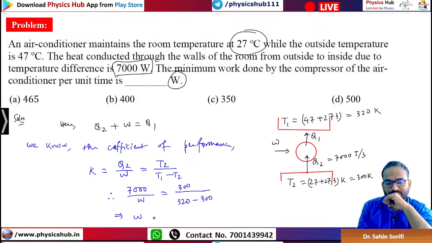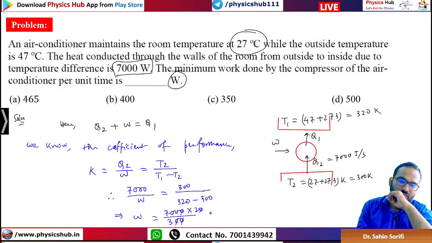So, work done is 7000 divided by 300 into 20. This is 1400 by 3.